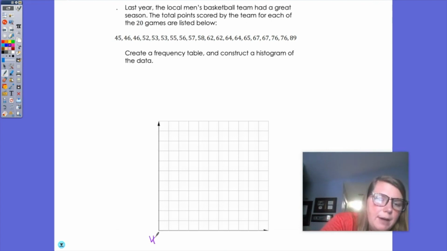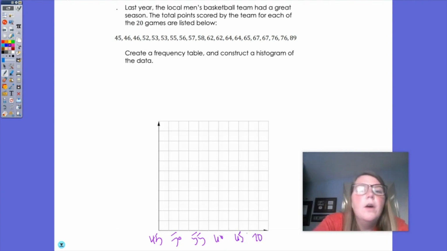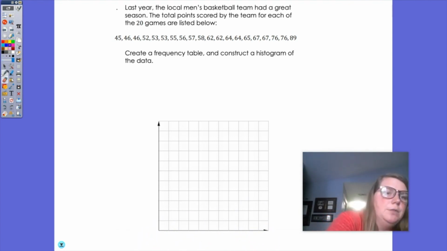So let's do 45, 50, 55, 60, 65, 70. Oh, I didn't see that 89 here. Let's change that scale. Let's go by tens, I guess. So 40 to 50, then 60, 70, 80, and 90.